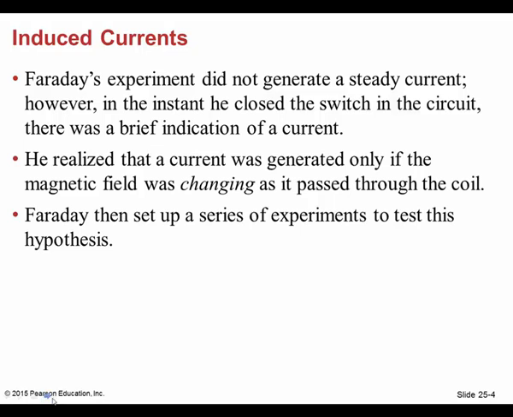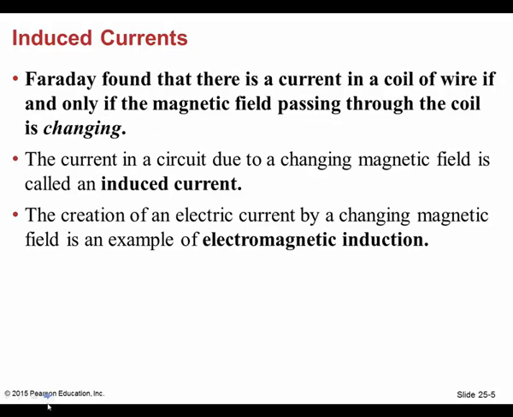So what he did then is he took some wire, wrapped it around an iron ring, or just took some coils of wire, like a solenoid, and passed a magnet through it, back and forth, and he realized that when he did this, it would produce current, okay? And we call this an induced current, okay?